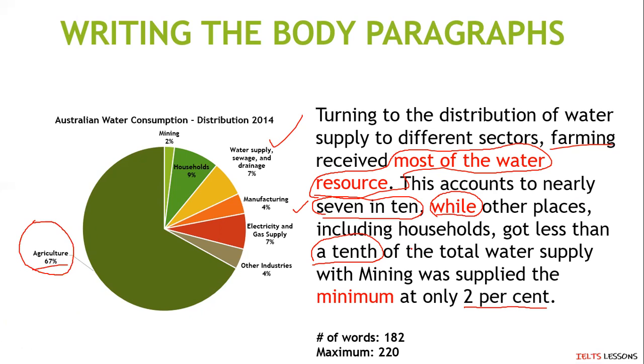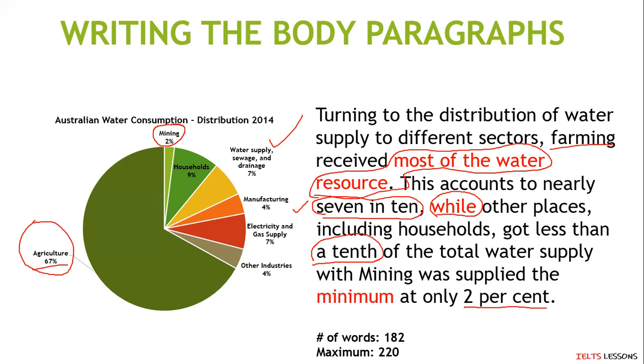While other places, including households, got less than a tenth, less than 10%, of the total water supply, with mining supplied the minimum at only 2%.